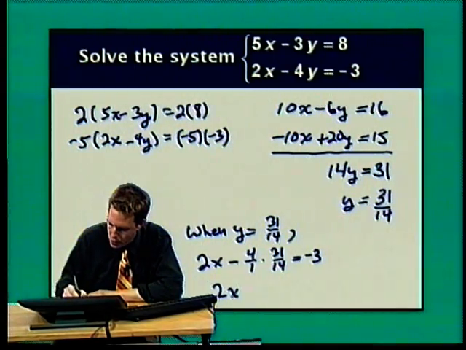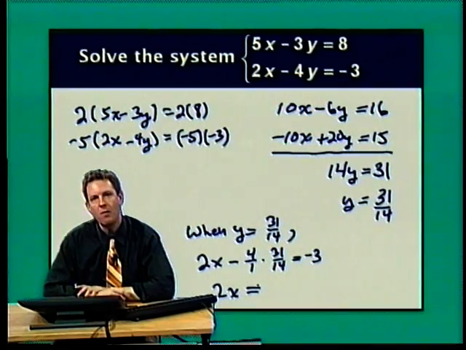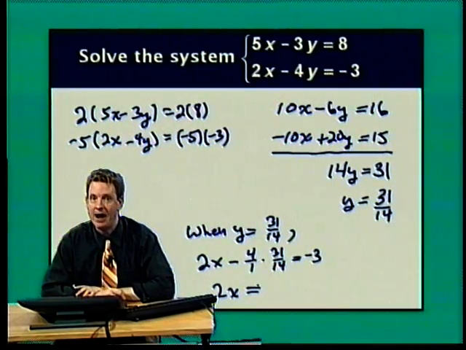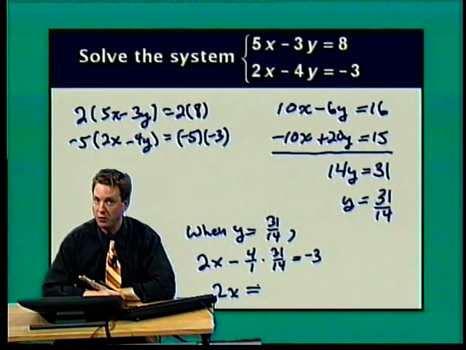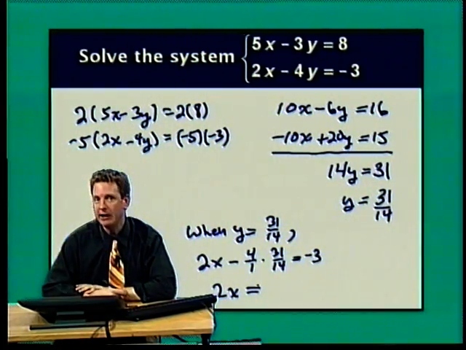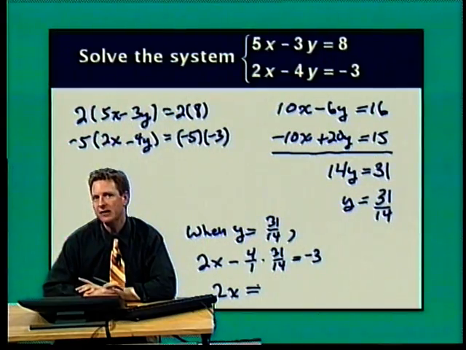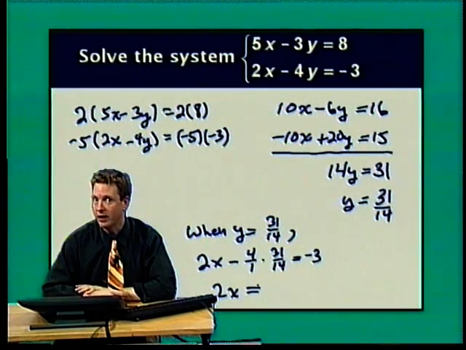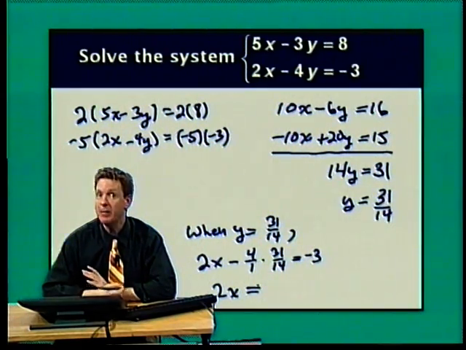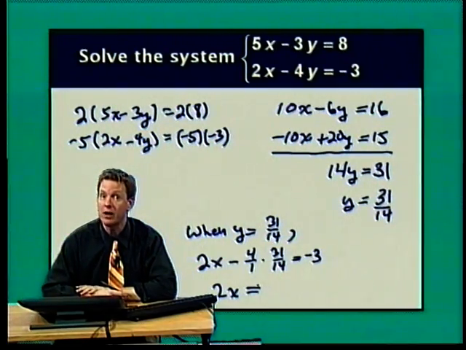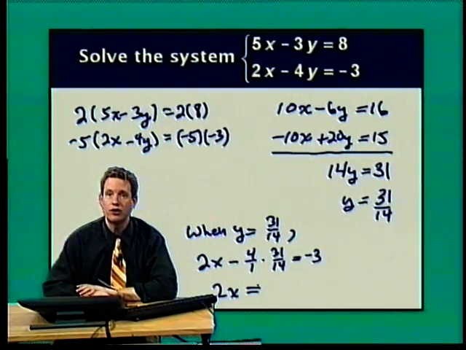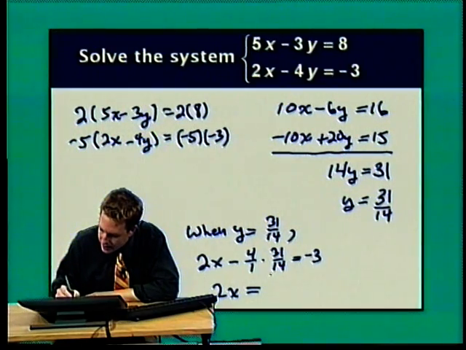So 2x equals, 4 and 14 have a common factor of 2. So the fraction reduces when I multiply 4 and 31/14, but I'm going to go ahead and leave the denominator as 14 because the denominator in y is also 14. So when I do my check, it's going to be a little bit easier if I already have a common denominator. So I've got 2x equals, let's see, what do we have?